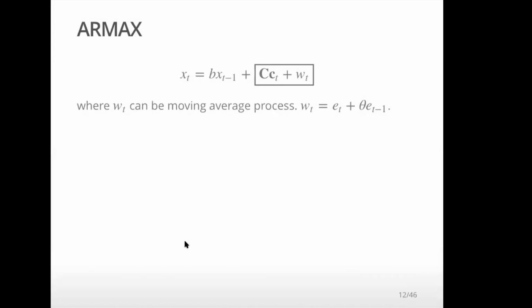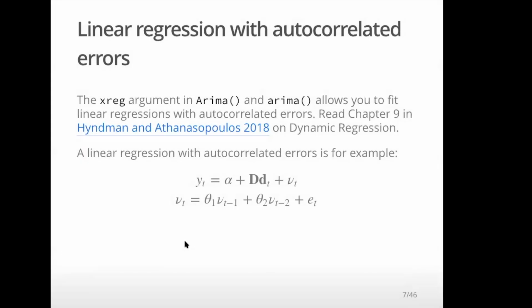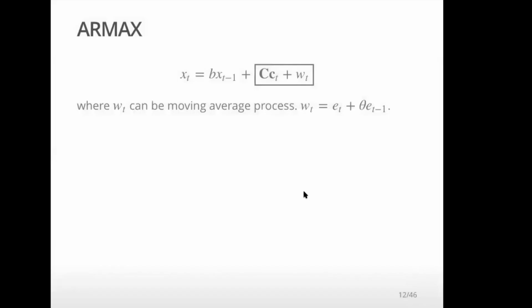All right, so that was a linear regression with autocorrelated errors. I'll show you that equation again. So that's our y here, and this is the autocorrelated part. Now, how does that differ from what's called an ARMAX model?